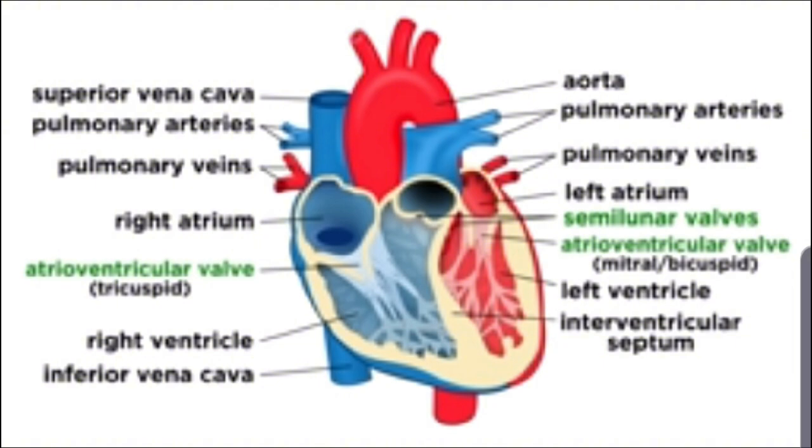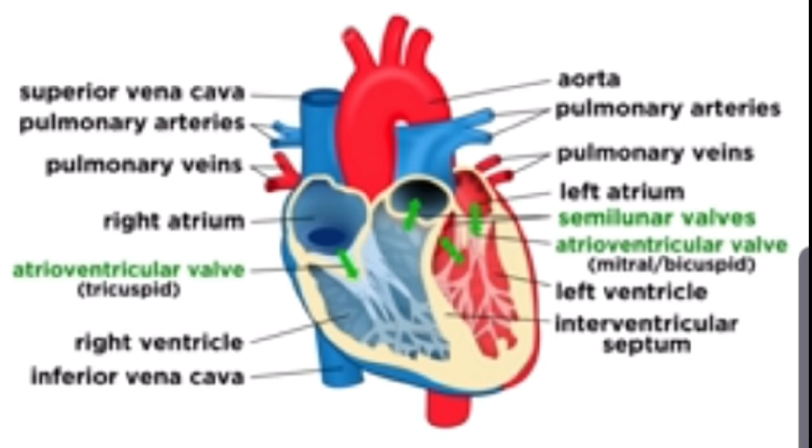Another important feature is the heart valves. These ensure the unidirectional flow of blood, meaning they keep the blood going in the correct direction. There are 2 atrioventricular valves, or AV valves.